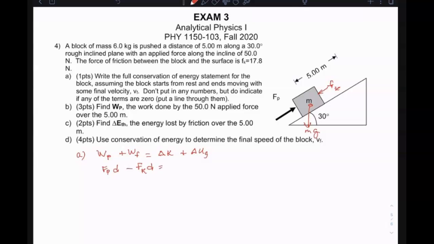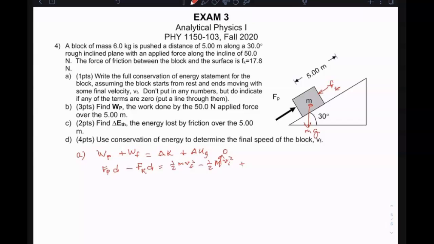And this causes a change in the kinetic energy, which is 1/2 mv final squared minus 1/2 mv initial squared. This term is 0 because it's starting from rest.